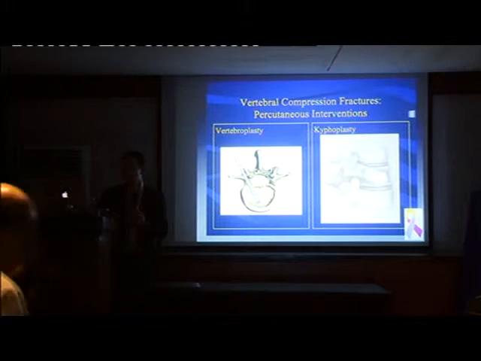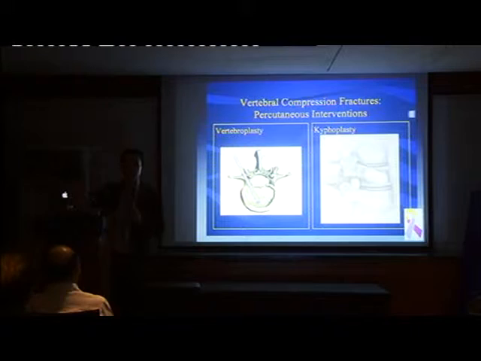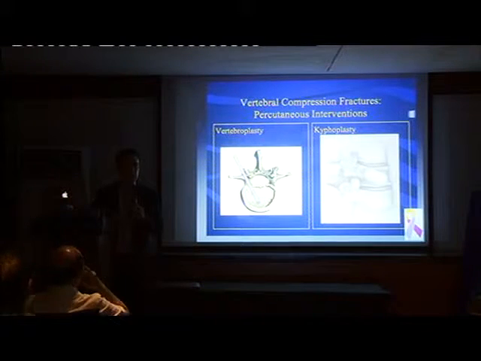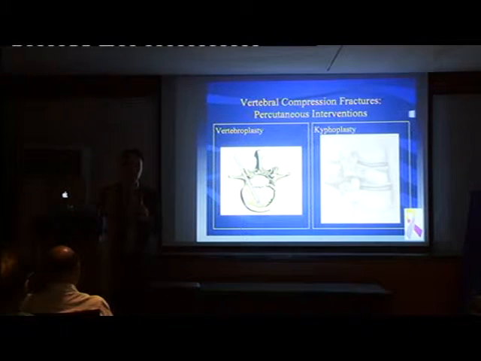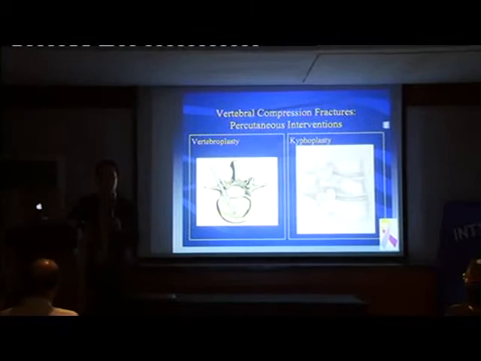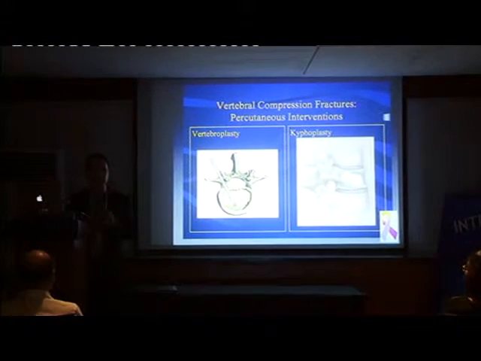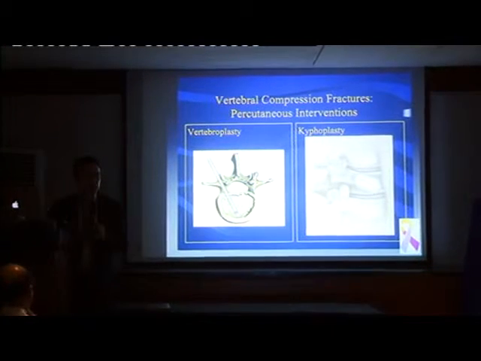The very basic difference: under this umbrella is called vertebral augmentation. Vertebral augmentation means that you're either doing a vertebroplasty or some type of cavity creation. Vertebroplasty just means you're injecting polymethyl methacrylate or silicon type material, bone cement, into your vertebral body, and you do not create a cavity.